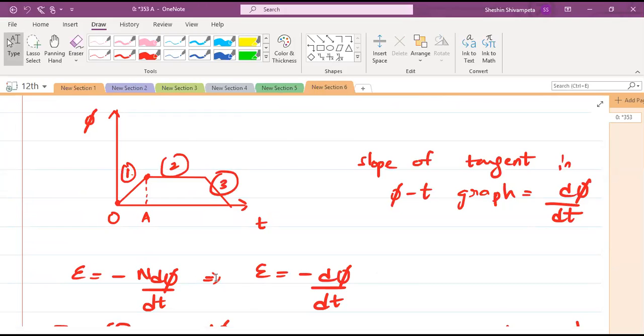It will be 0. So for the second part, EMF is 0.